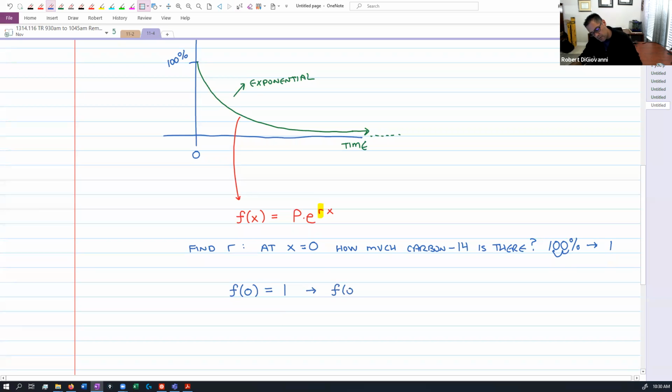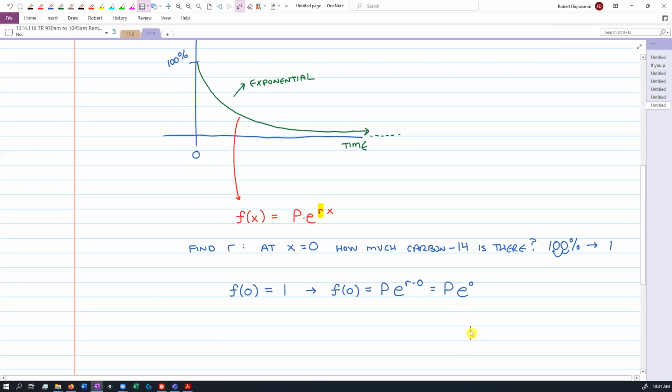f of 0 is P e to the R times 0. Now I'm replacing X with 0. R times 0 is 0. And what is e to the 0? Any number raised to the 0 is what? 1.